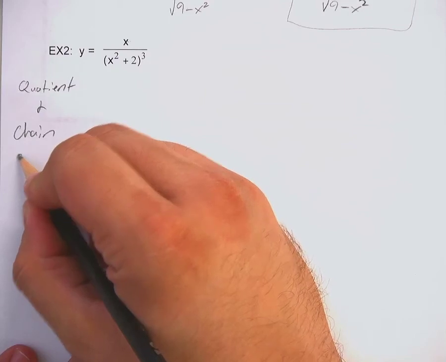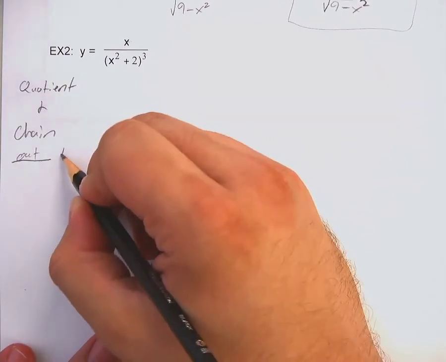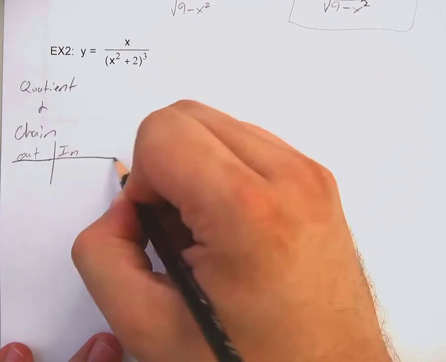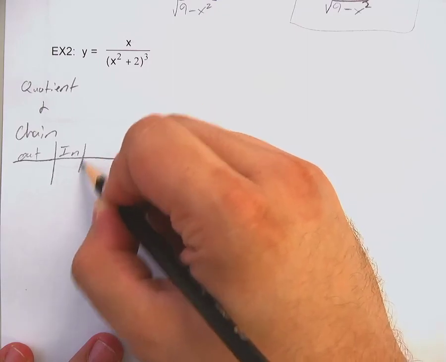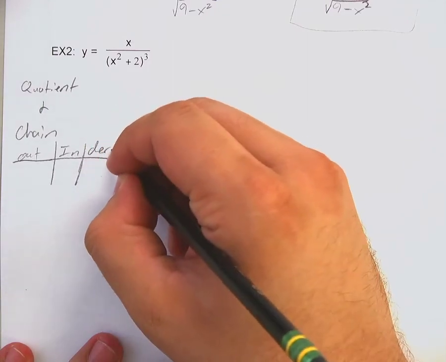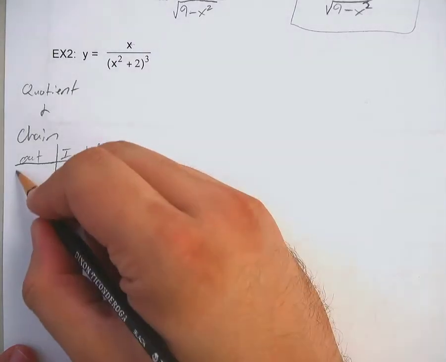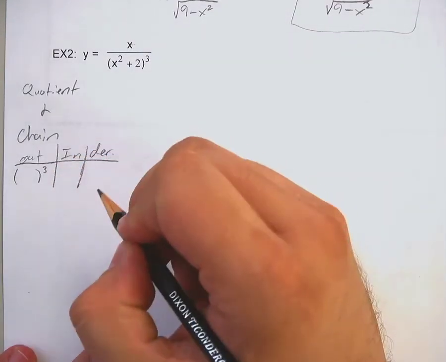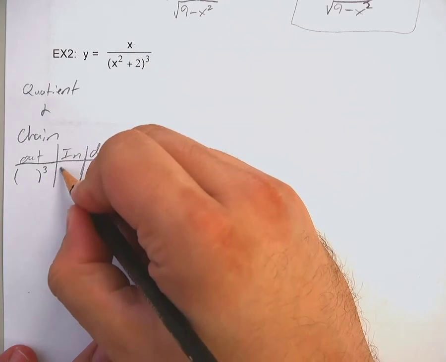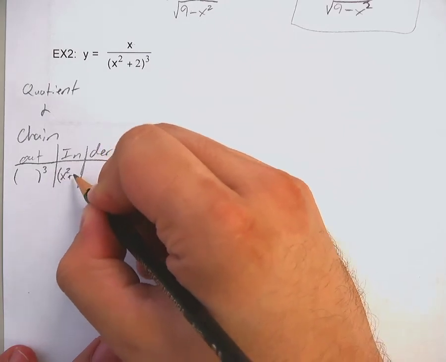Chain, we've got outside, inside, and derivative. So the outside is parentheses cubed. The inside is x squared plus 2.